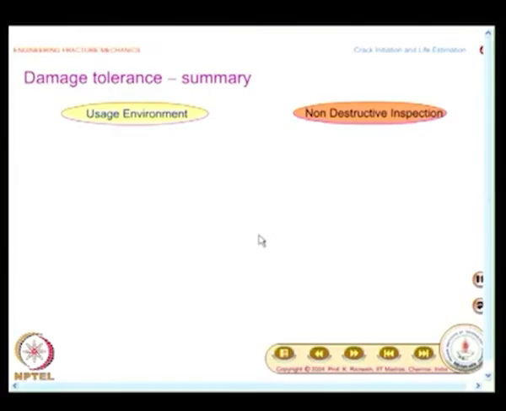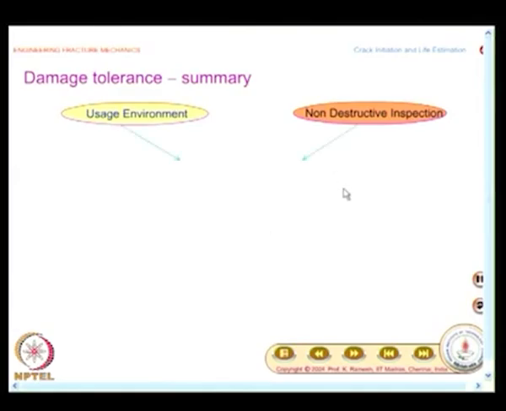All that requires careful data collection and analysis, and then establishing inspection intervals, because the inspection intervals have to be realistic. If they are not realistic, fracture mechanics is not going to help. You have to apply fracture mechanics concepts very carefully.